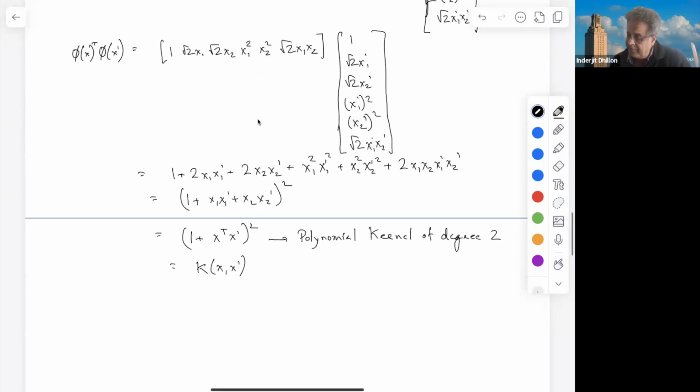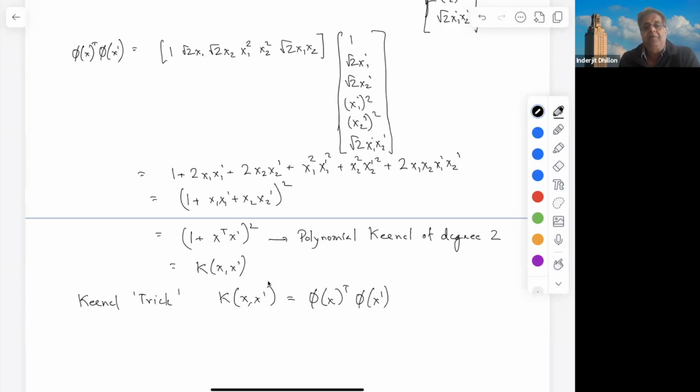So here is the kernel trick. You can write k of x, x prime as phi of x transpose phi of x prime. The left computation is in d dimensions; this one is in d prime dimensions.